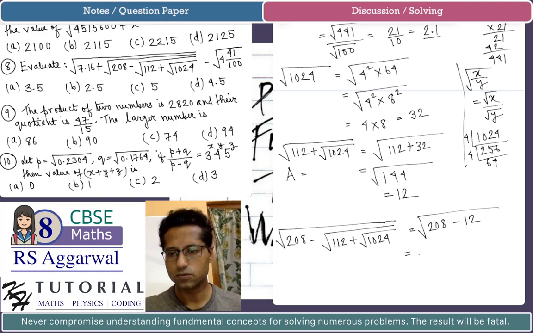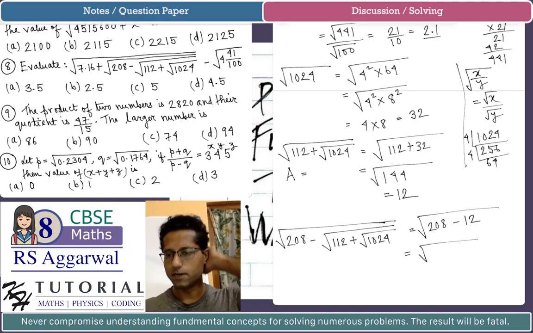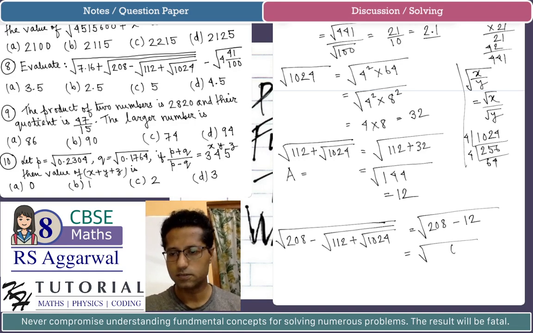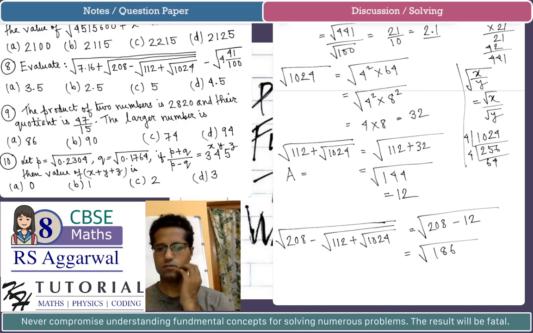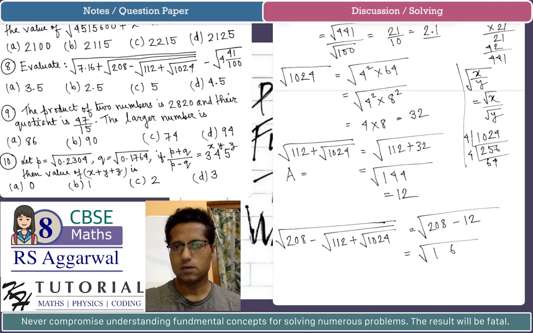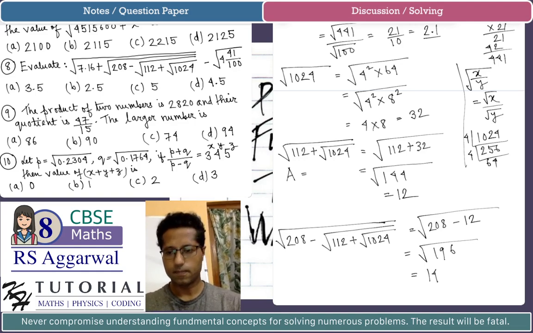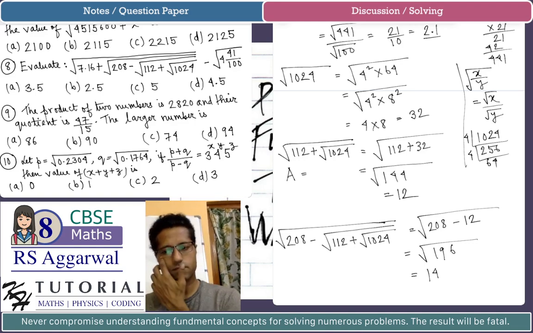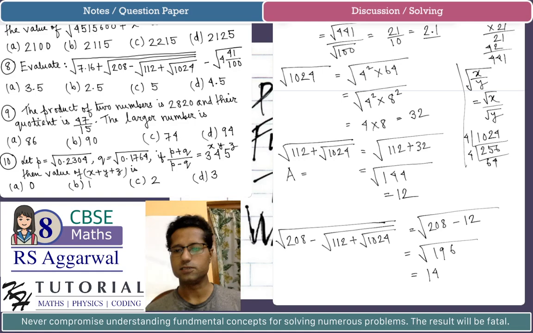How much is 208 minus 12? This will be 196, and I know the square root is 14, because 14 square is 196.